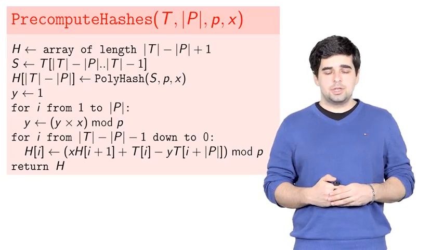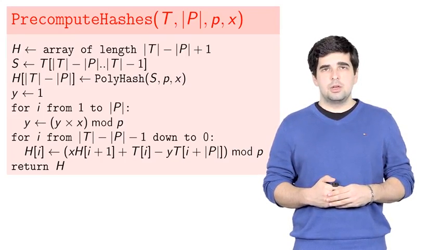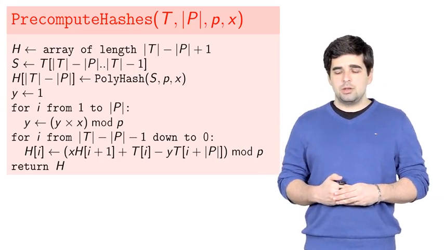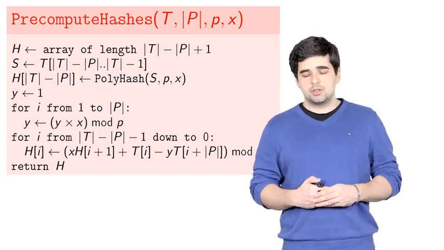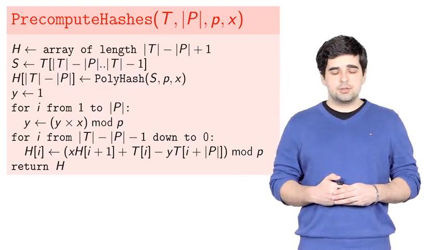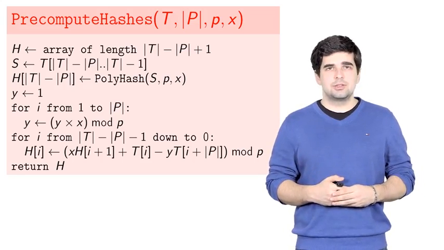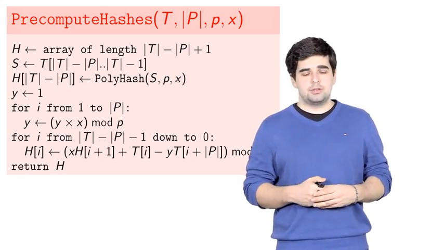Here's the function to pre-compute all the hash values of our polynomial hash function on the substrings of the text t with the length equal to the length of the pattern and with prime number p and selected integer x. We initialize our answer, big H, as an array of length of text minus length of pattern plus 1, which is the number of substrings of the text with length equal to the length of the pattern.